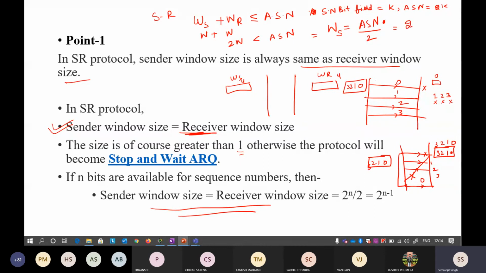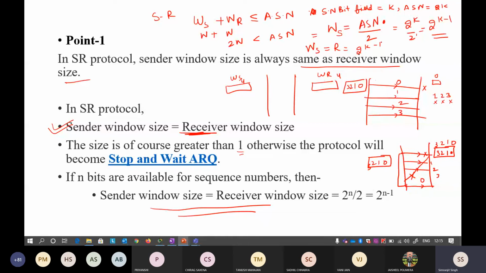So available sequence number by 2 becomes 2 raised to power k minus 1, because the bases are the same, you can subtract the powers.